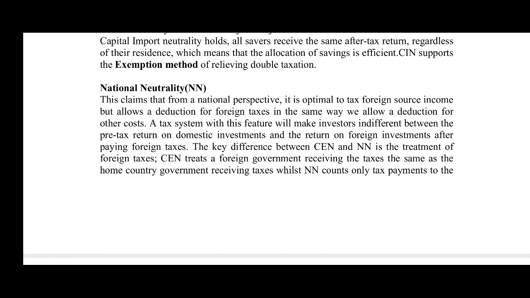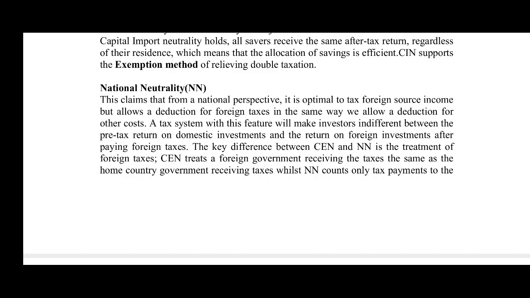Are you getting it? To make investors indifferent between the pre-tax return of their domestic investments and the return on their foreign investment after paying their foreign taxes. The difference between the CEN and national neutrality is how we treat the foreign taxes, right?